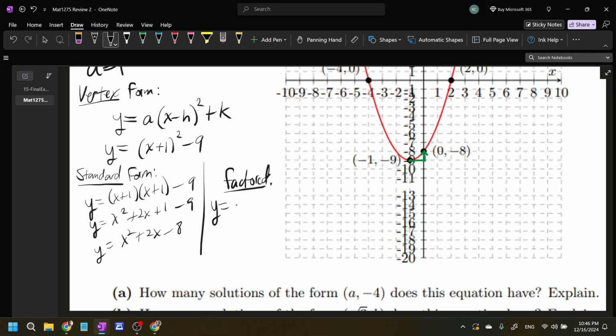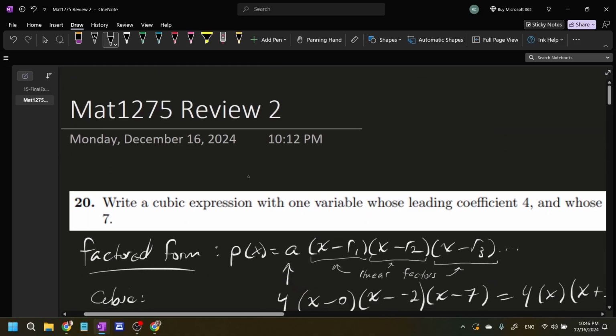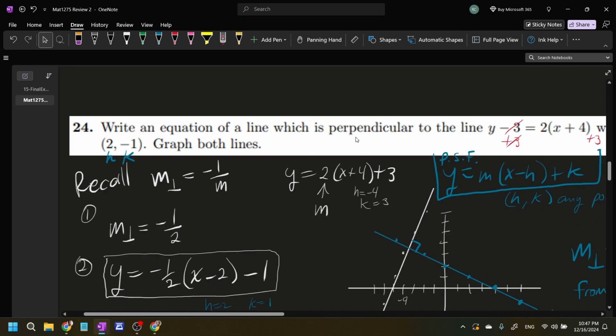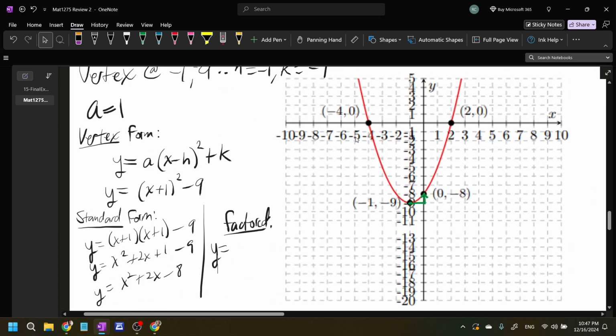Our factored form is going to be y equals, remember, just like the factored polynomials that we covered in the very first question, all we have to do is multiply our leading coefficient, which we know is 1, times x minus root 1 times x minus root 2. This question is a quadratic, so we only have two possible complex roots.